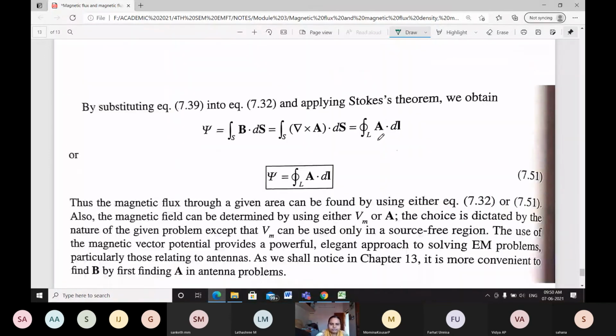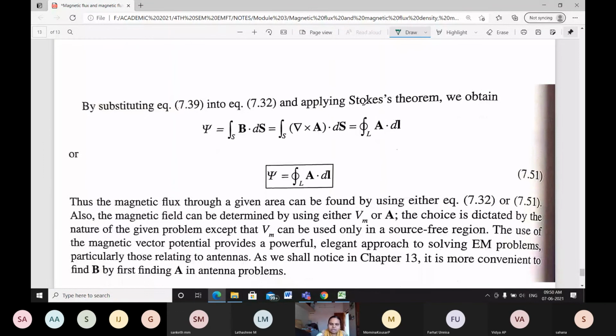Therefore, applying Stokes theorem, psi is equal to the surface integral of B dot ds, which is the surface integration of del cross A dot ds, which is nothing but the closed line integration of A dot dl. So psi is the closed integration of A dot dl only.